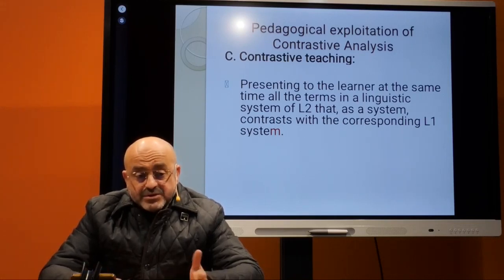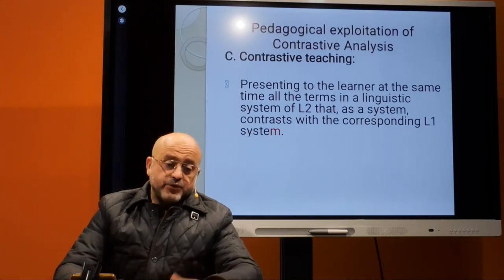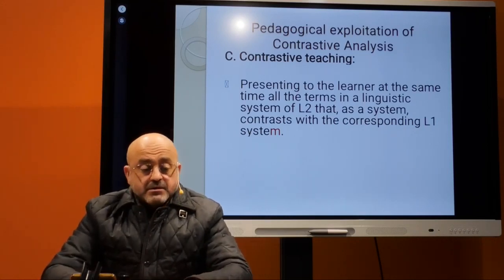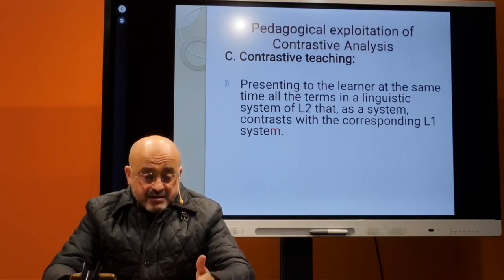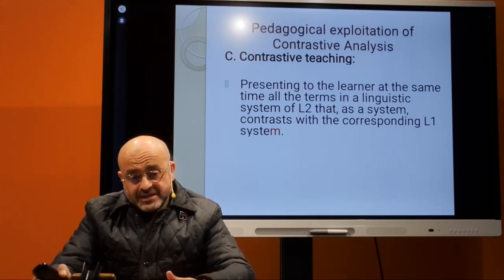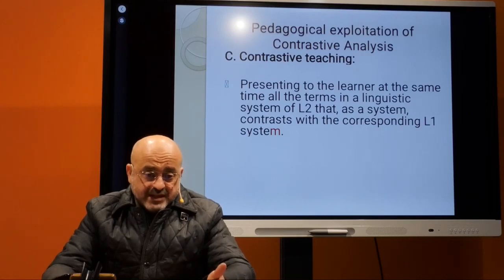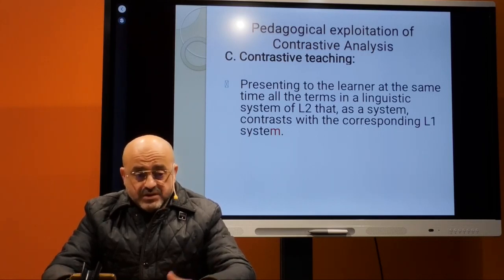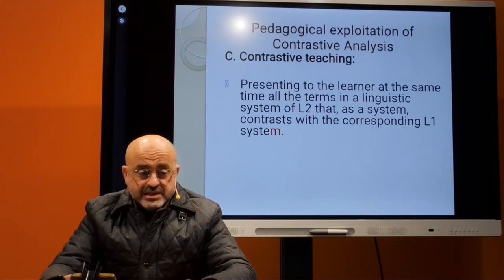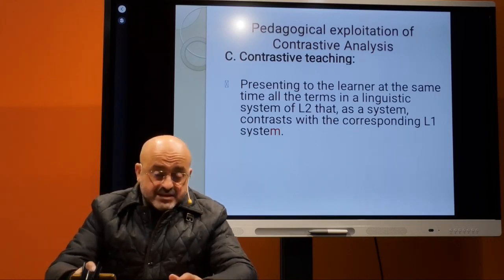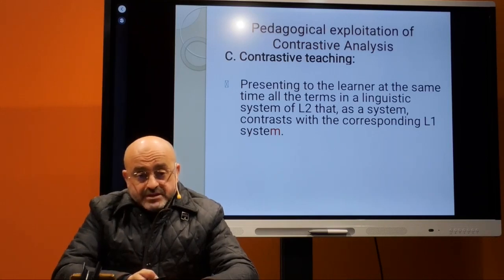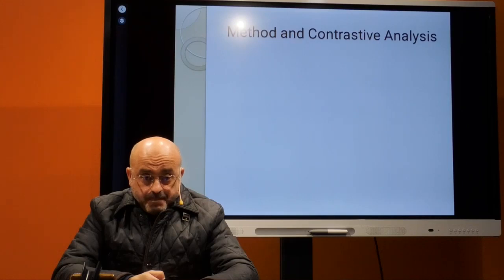And this is possible sometimes, especially, for example, if you compare the phonemic inventory of two languages. Because it's limited, we can compare and say, okay, we have this sound in this language, we don't have it in that language. We have that vowel here, we don't have it here. We have that consonant here, we don't have it here. And then we can expect problems here, and students should be made aware of that.